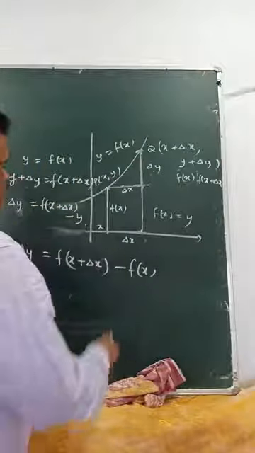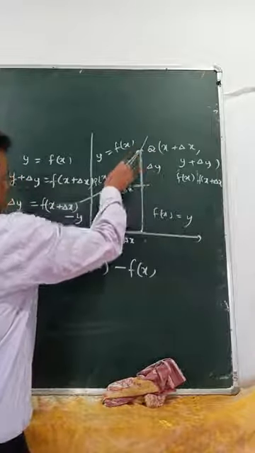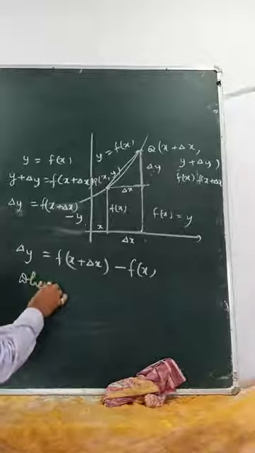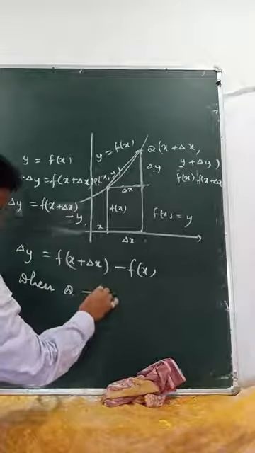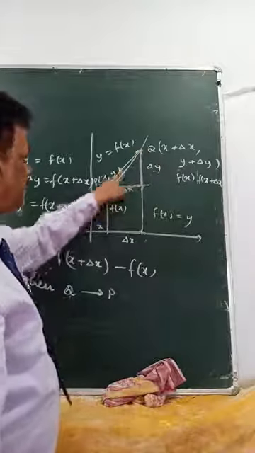So when I say Q approaches P, when the point Q tends to P, the points Q and P become the same.